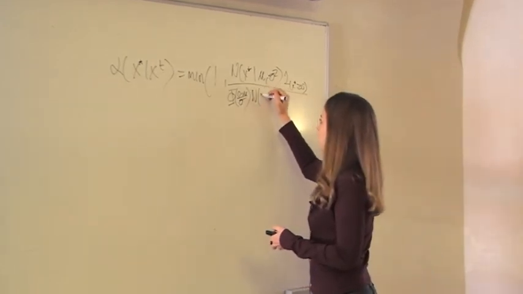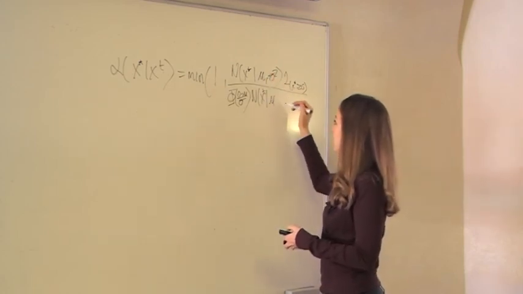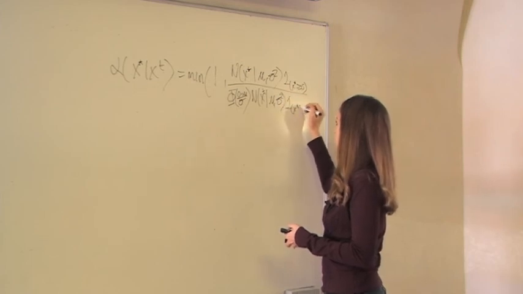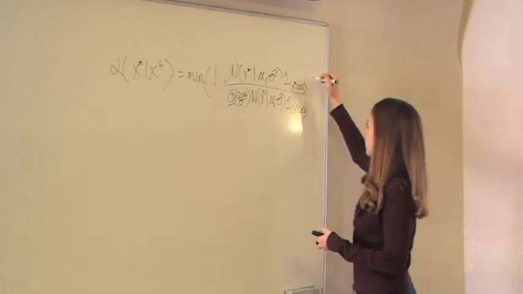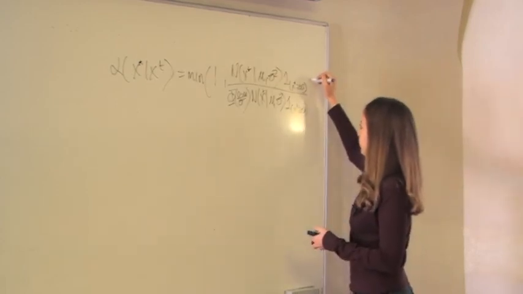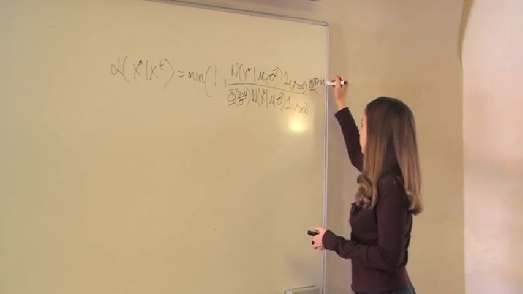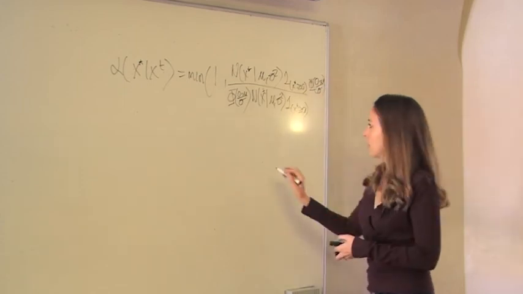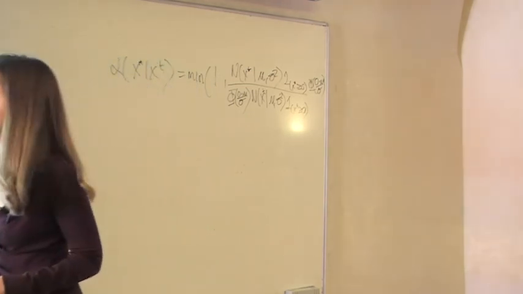At our current state, we have a similar term, we have to divide by the normalizing constant. So this is just the ratio of p of x star and p of x t.